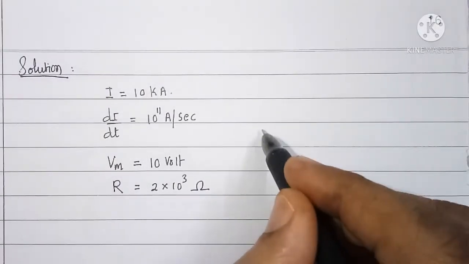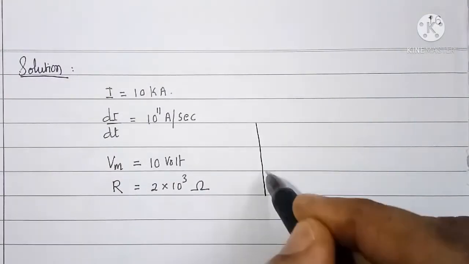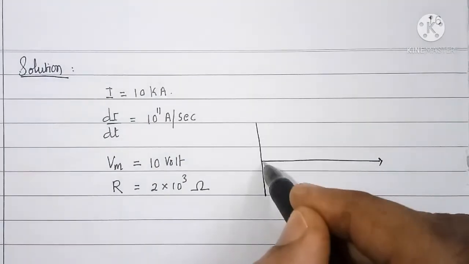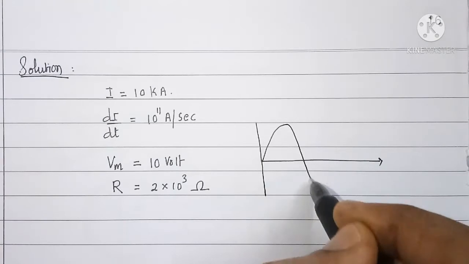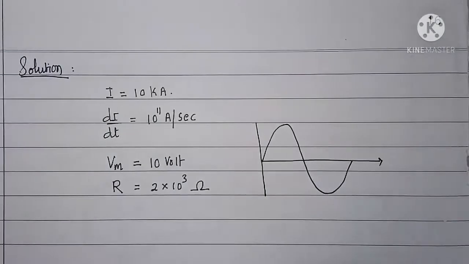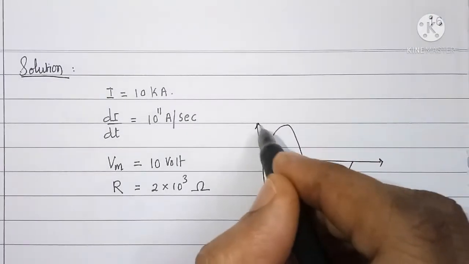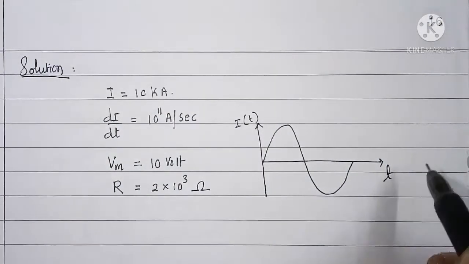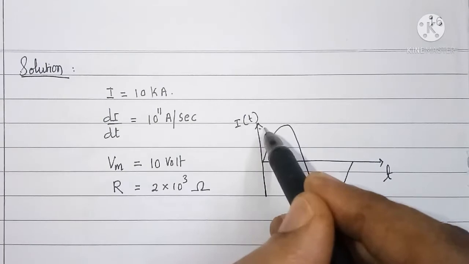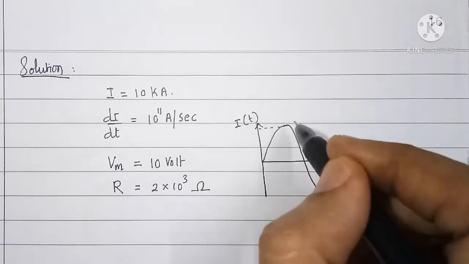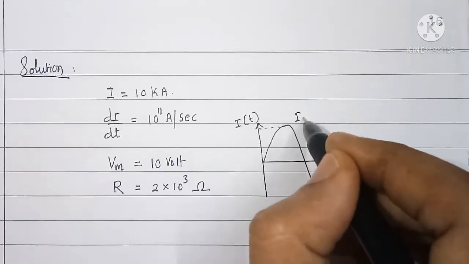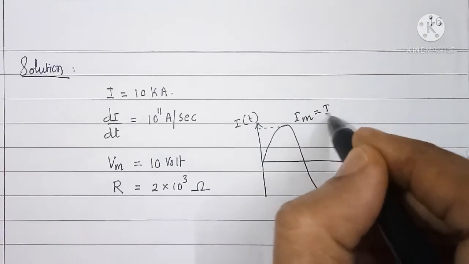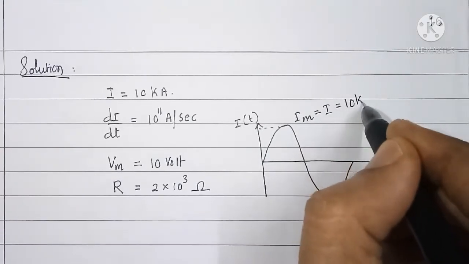Here we assume that the impulse current varies sinusoidally. And the maximum current Im is equal to I is equal to 10 kiloampere.